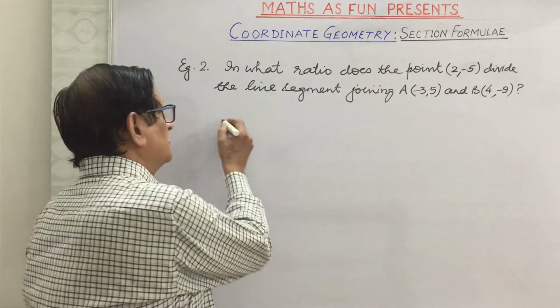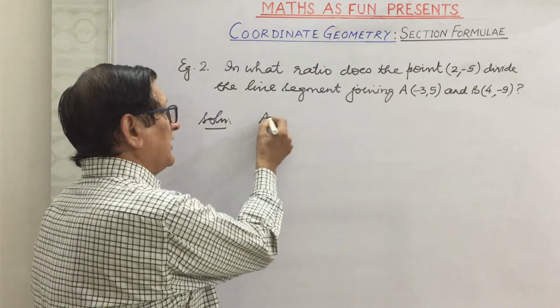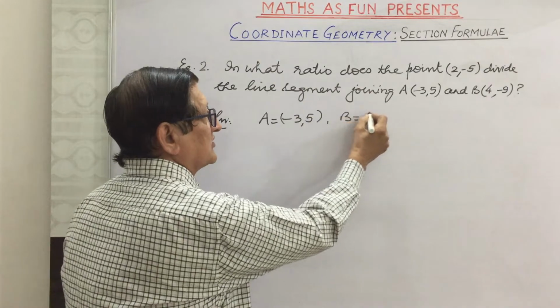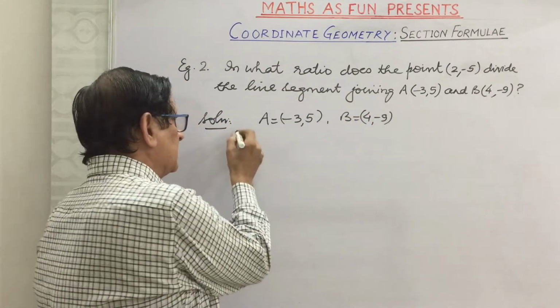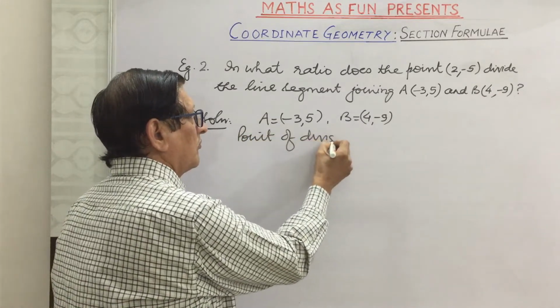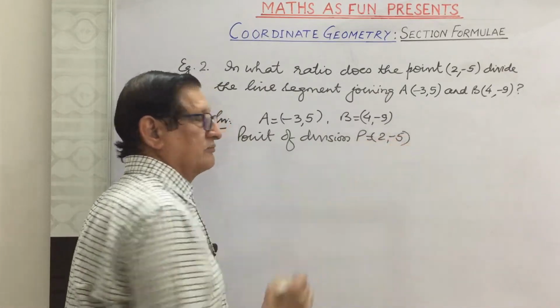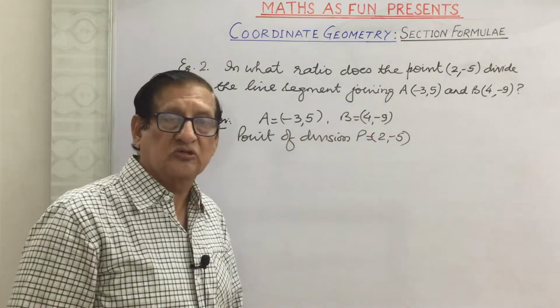For the solution, we write the points which have been given to us. A is (-3, 5), B is (4, -9), and the point of division P is (2, -5). Suppose P divides AB in the ratio k is to 1.